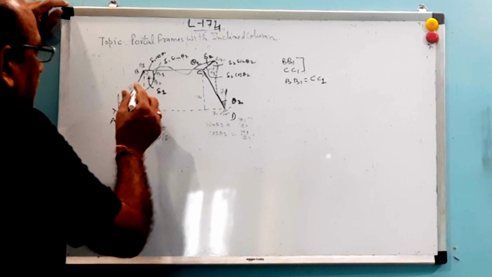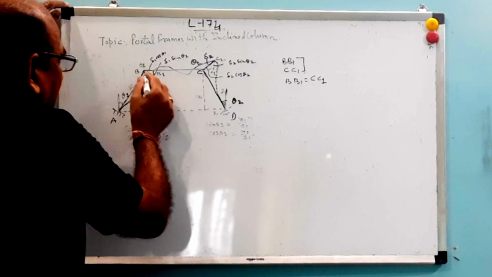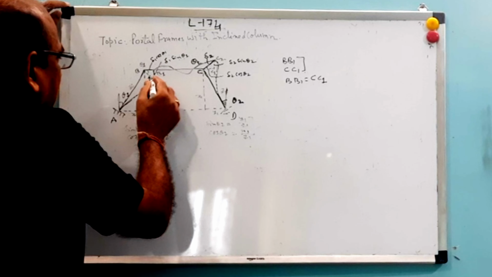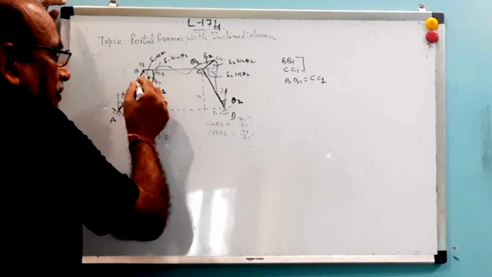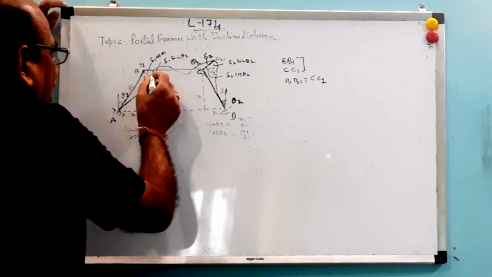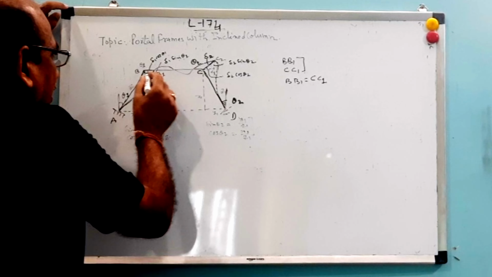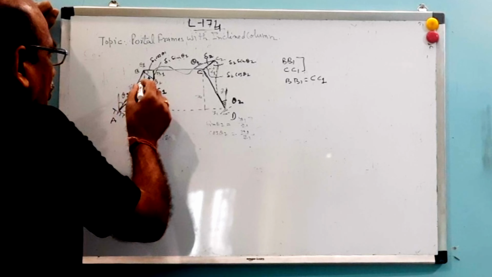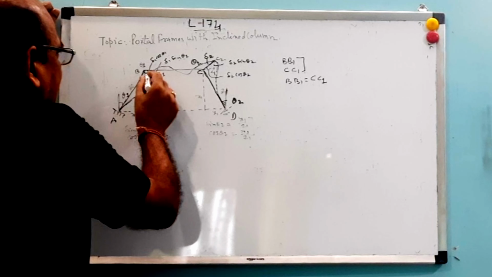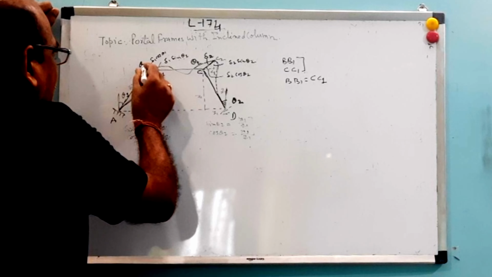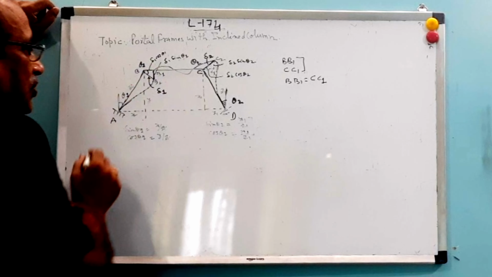So this is inclined and this will be perpendicular, and this is inclined and will be perpendicular. This is just like making an angle theta 1 with respect to horizontal.